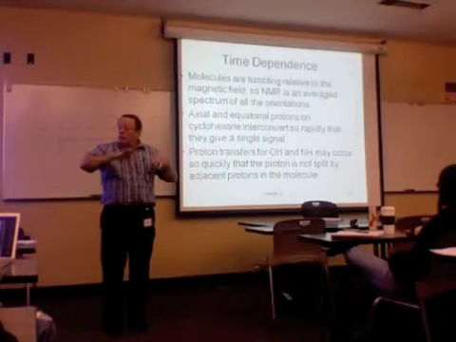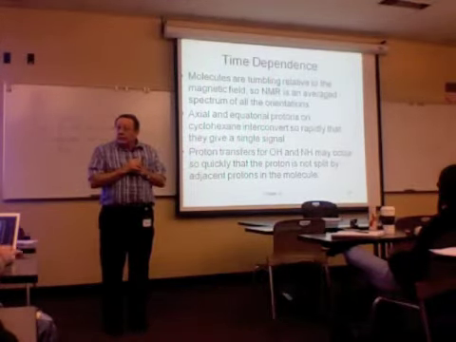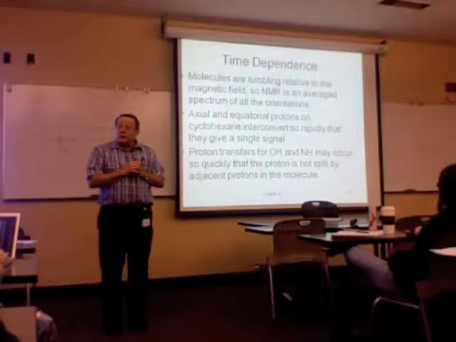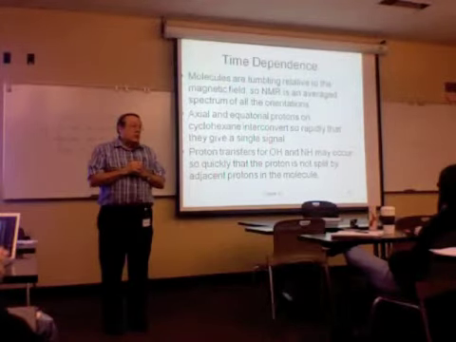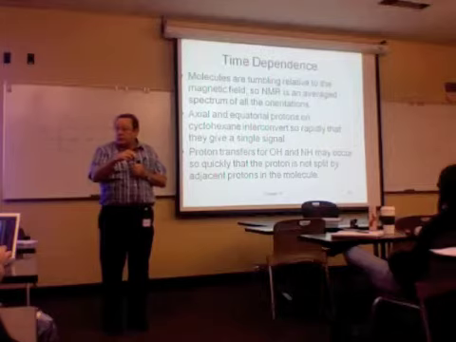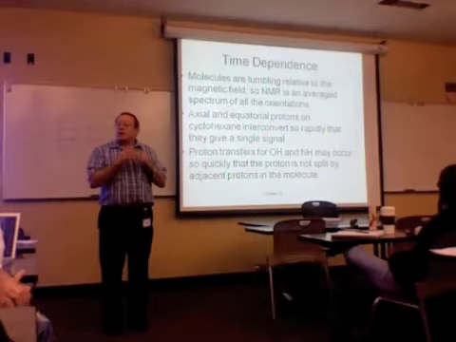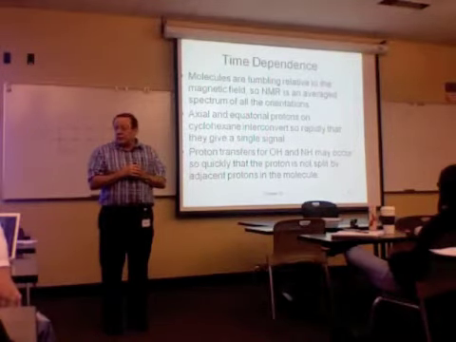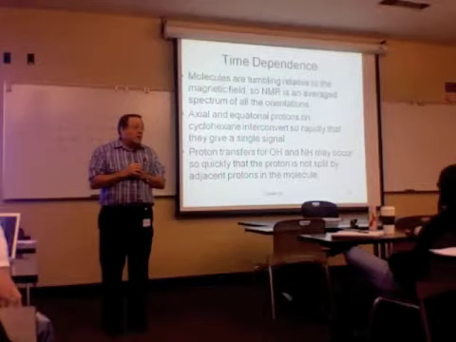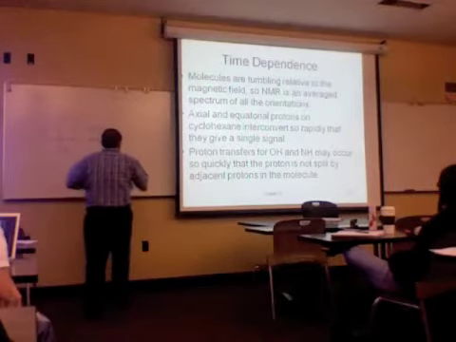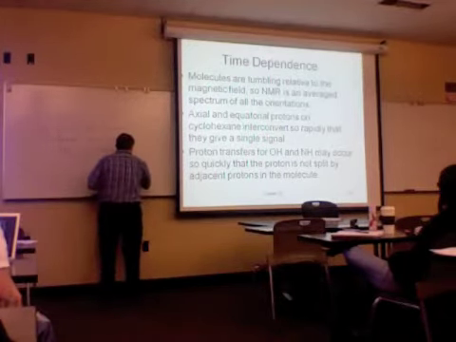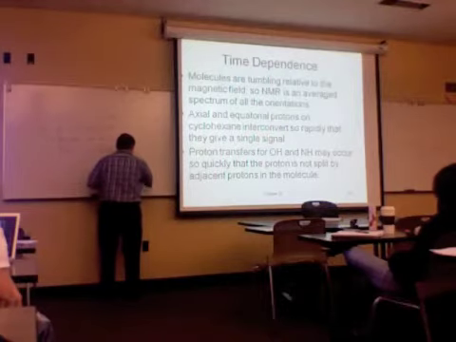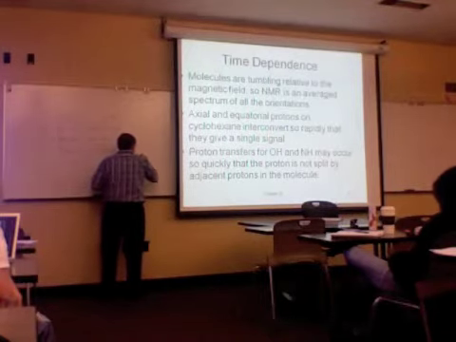But the ring will undulate and flip-flop back and forth so fast that the axials will become equatorials and the equatorials will become axials so fast that they'll experience an average environment. And the hydrogens will behave as if we've drawn the cyclohexane ring planar, where each hydrogen is identical.